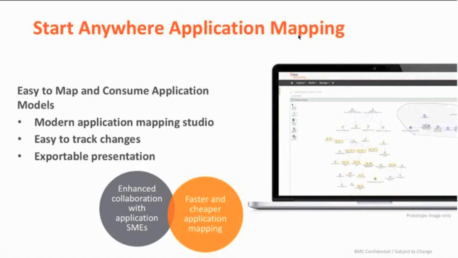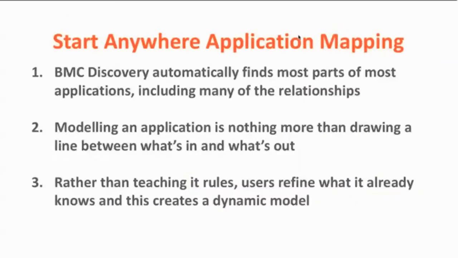So again, it's much easier now to model applications than it was in previous versions, and it's much more efficient and much more effective in understanding all of the implications, not just the discrete pieces that make up that particular application.